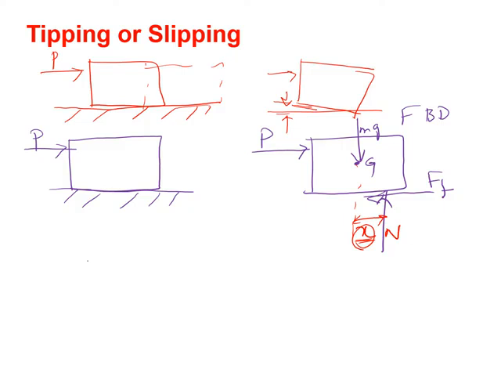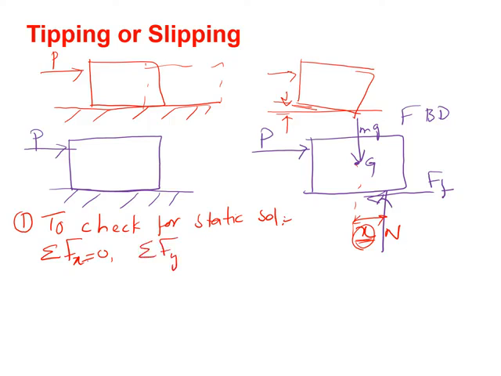If you have no idea whether the problem is a dynamic or a static problem, the first step is to check for the static solution. Step one is to check for the static solution. In statics, the sum of the forces in the x direction equals 0, and the sum of the forces in the y direction equals 0, assuming that this is your x-axis and this is your y-axis.